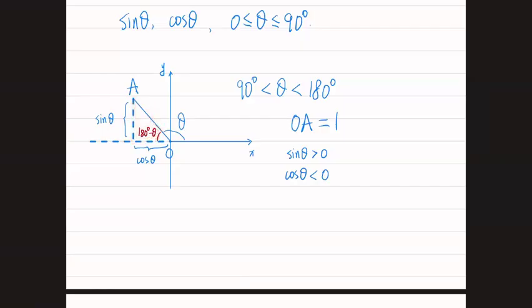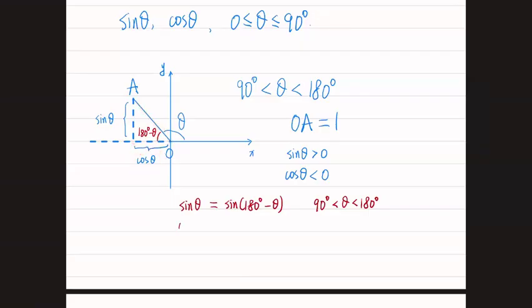So from there, we observe, if our theta is bigger than 90 degrees and less than 180, similarly for cosine, the length is the opposite of this x coordinate.